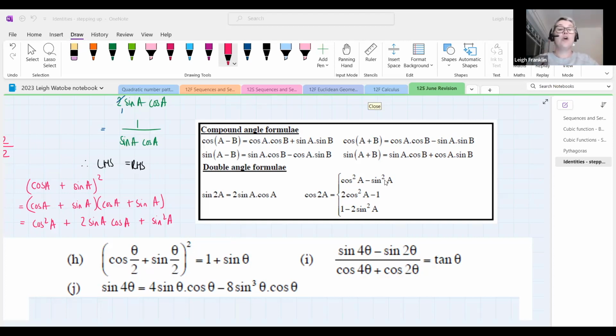No, because if you have cos theta over 2 times cos theta over 2, that's cos squared theta over 2. So nothing's going to happen to the angle. It's the ratio that's being squared, not the angle.